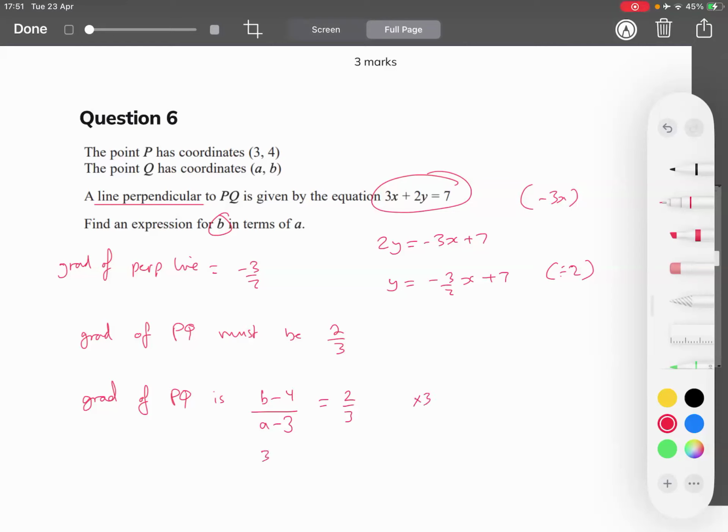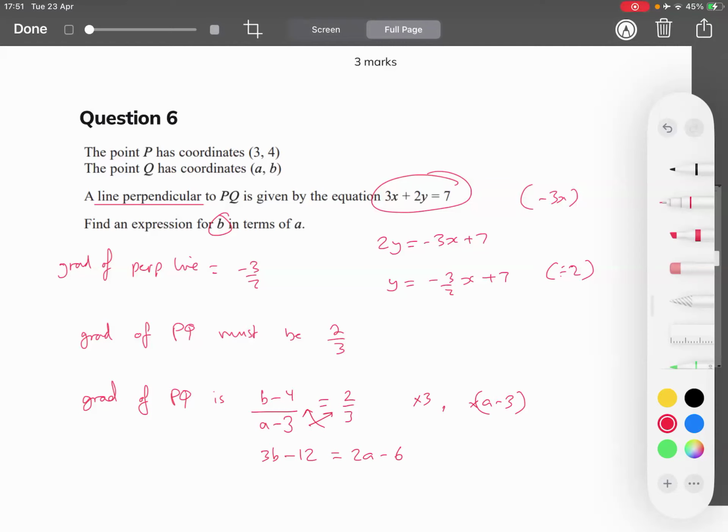Okay. So let's times both sides by 3. So we get 3b minus 12. And let's also cross multiply the a minus 3. So we get 2a minus 6. Does that make sense? Cross multiply the 3 up and across, and then cross multiply the a minus 3 up and across.